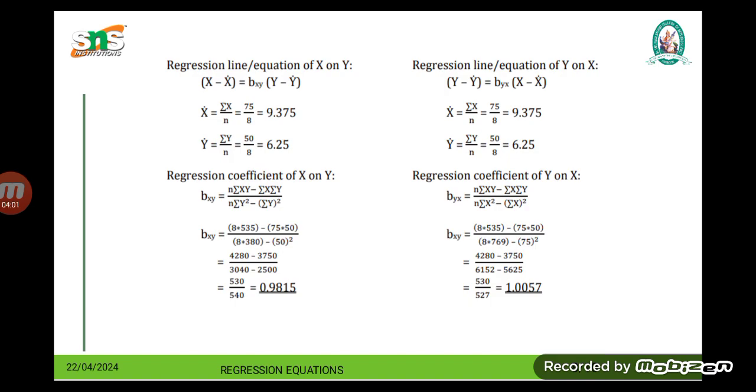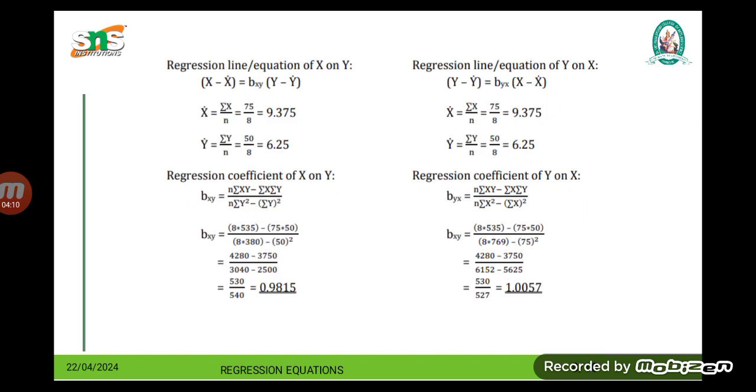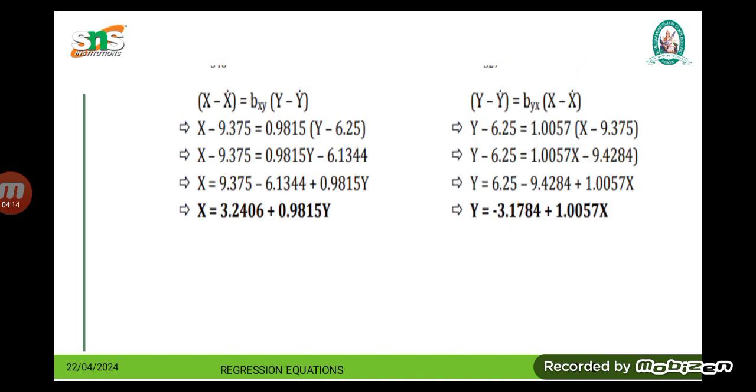I am substituting all those values to find bxy and byx. While substituting this in the above formulas, regression equation x on y and y on x, I will get x minus 9.375 equal to 0.9815 into y minus 6.25.